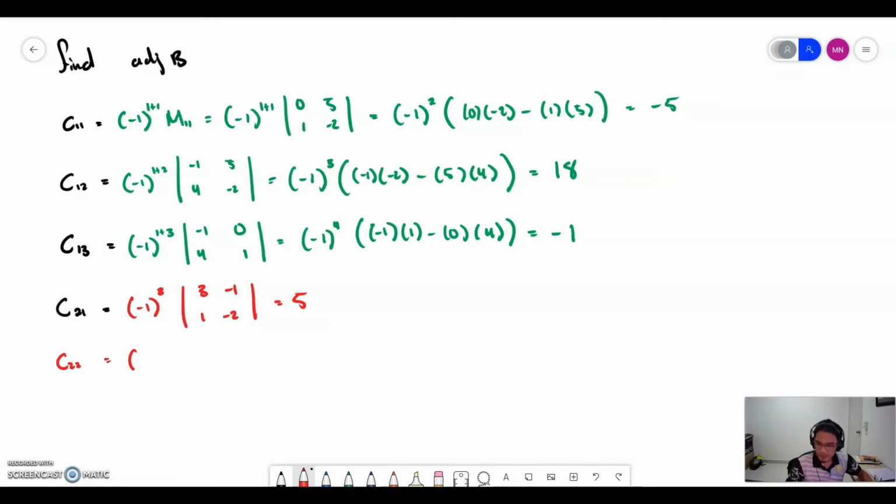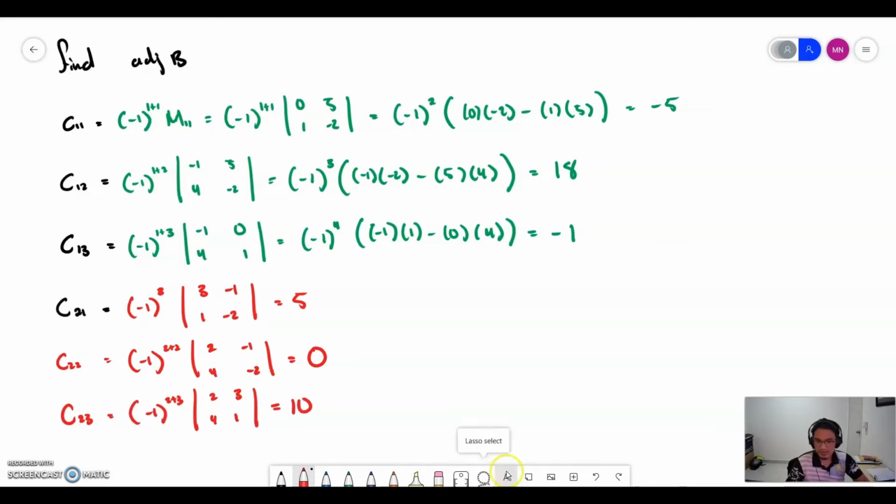C22 is equal to negative 1 to the power of 2 plus 2, with the minor 2, negative 1, 4, negative 2, and the cofactor is 0. C23 is negative 1 to the power of 2 plus 3. Row number 2, column number 3 gives the minor 2, 3, 4, 1. This one is equal to 10.